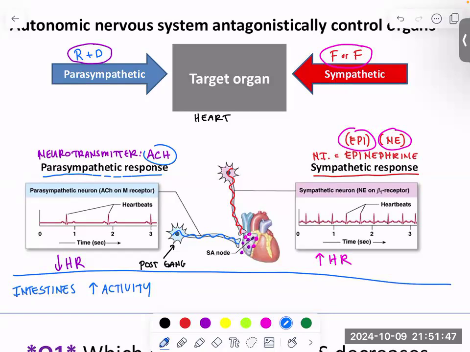That embarrassing movement that happens after you eat, you hear your stomach, it starts talking to you. What is epinephrine going to do to your stomach? Decrease activity. Decrease activity of the intestines. Your fight or flight response. This one can literally scare the shit out of you.